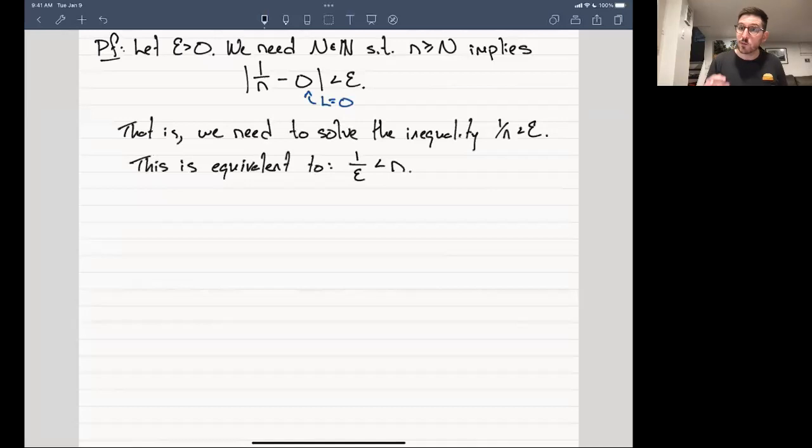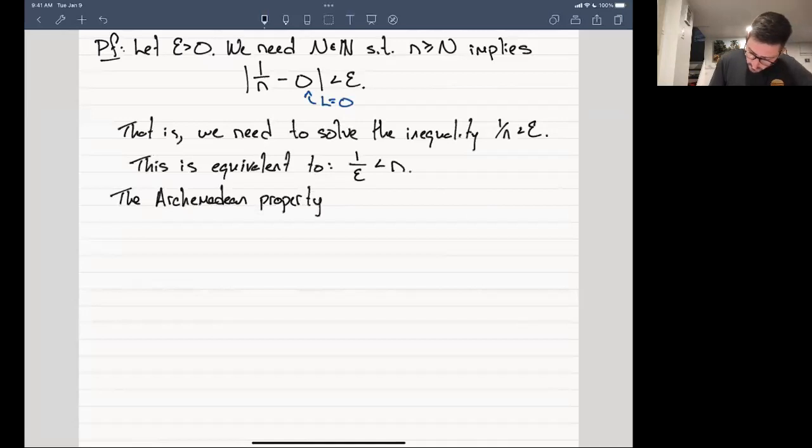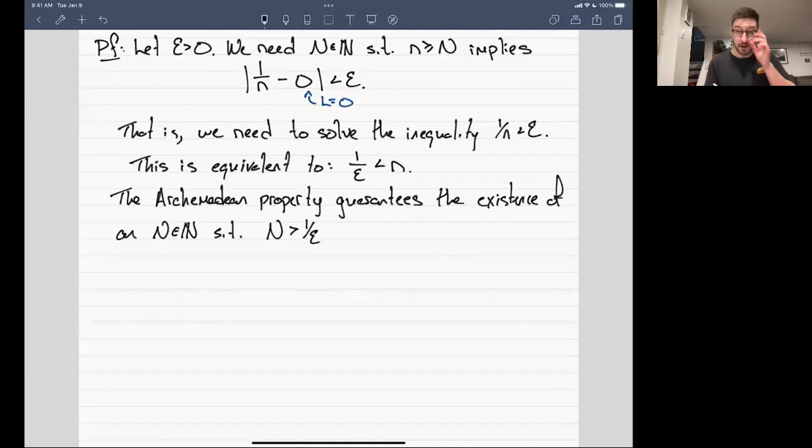But here is where our axioms of the Archimedean ordered field come in. Remember, the Archimedean property guarantees the existence of a natural number capital N such that capital N is bigger than 1 over epsilon.